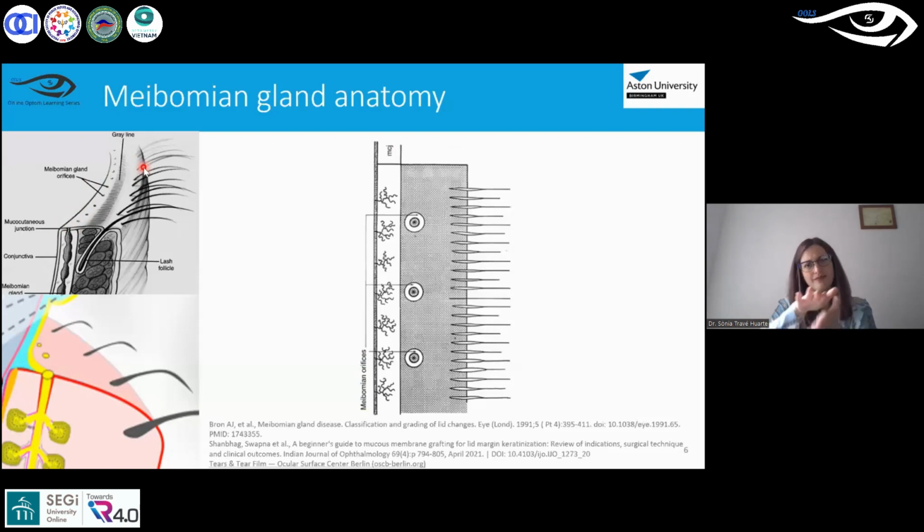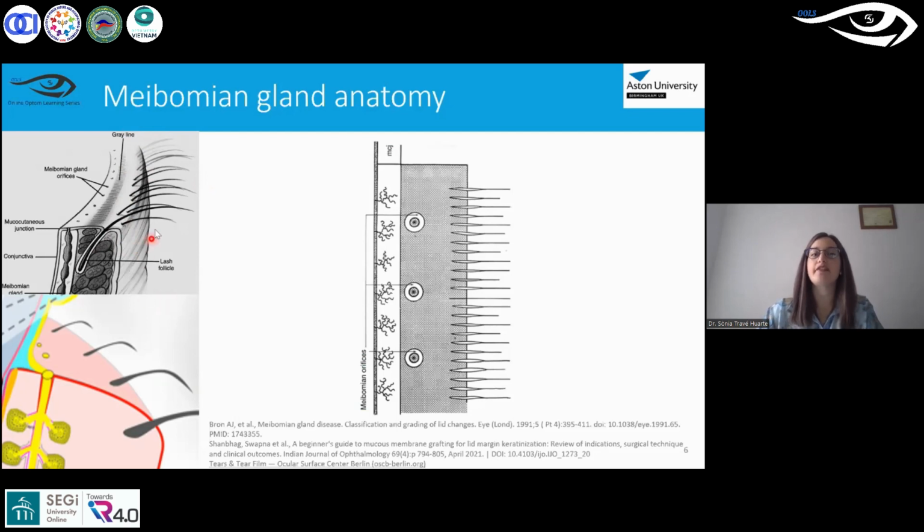That line, that separation, is called the Marx line, and we can see it with lissamine green dye, which we'll show you later on. And then more anteriorly to the openings, we have the gray line, which is where the Riolan muscle inserts. And then if we move even further forward, we then have the lashes.